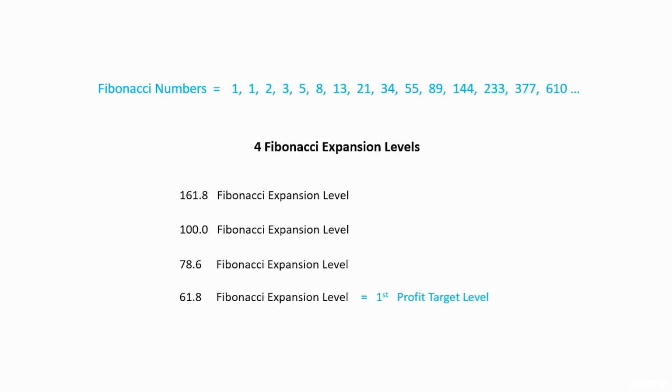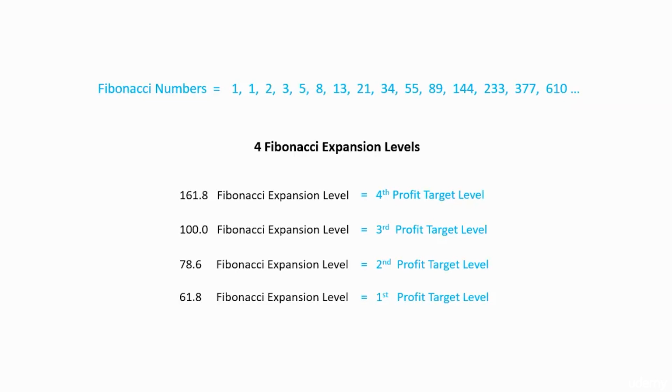Then the 78.6 Fibonacci level will be our second profit target level for a trade. Then the 100 Fibonacci level will be our third profit target level, and then the 161.8 Fibonacci level will be our fourth profit target level in a trade. So these are the 4 Fibonacci levels at which we will set our profit targets after we trigger a trade in a trendy market.